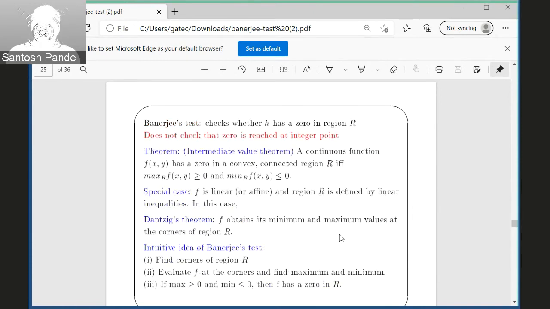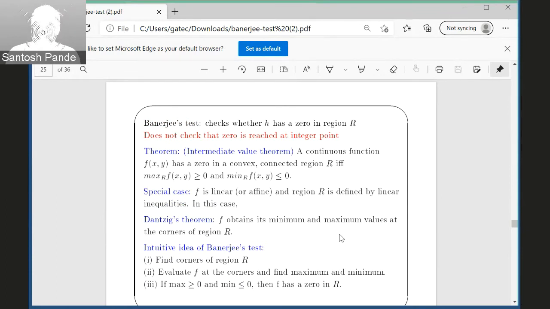That is the question. The main reason is this, that in the real domain it's a continuous function, and there is a theorem which says that especially linear functions which are convex and so on might have a 0 if the maximum and minimum values of this particular function, in the bounded sense of min-max values of x, y, are on either side of the inequality.